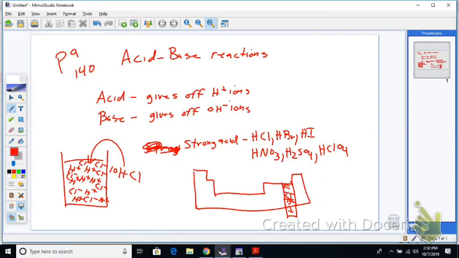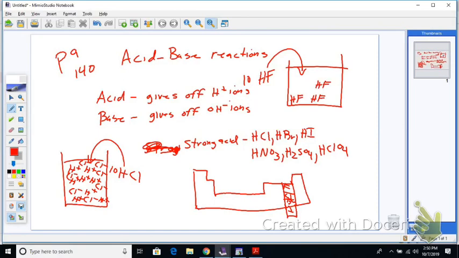If it's a weak acid, everything else is weak. If you know the 6 strong acids, every other combination is weak. If I put HF in here, and I put 10 of them in, maybe not even one of these breaks apart, because most of them stay together as HF.